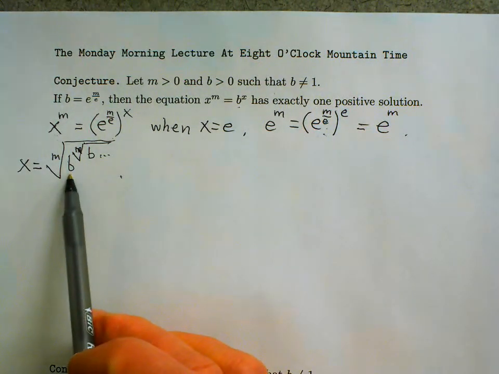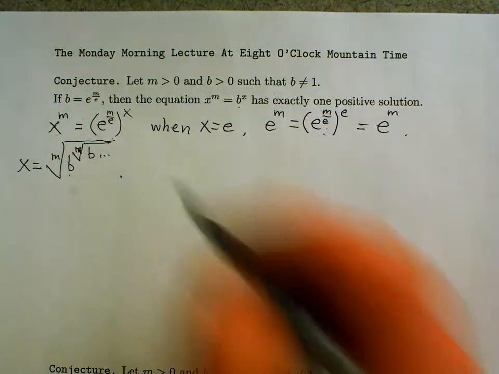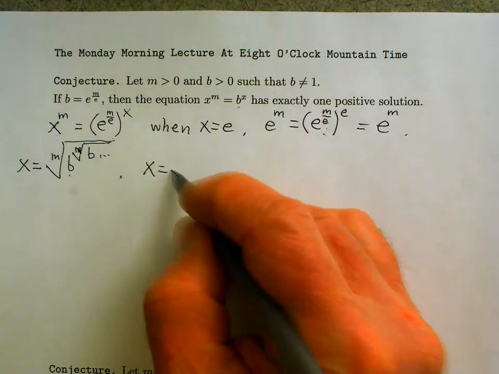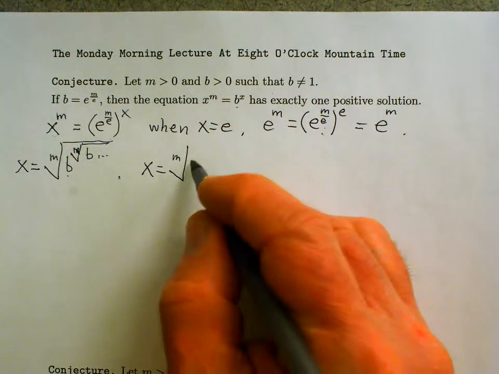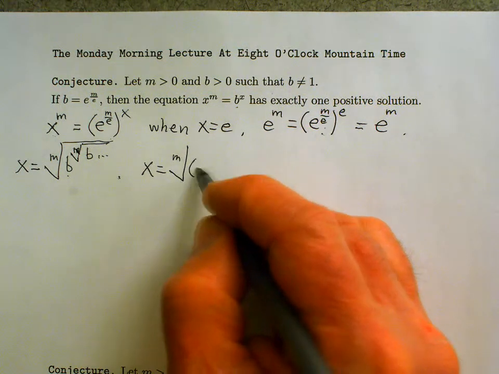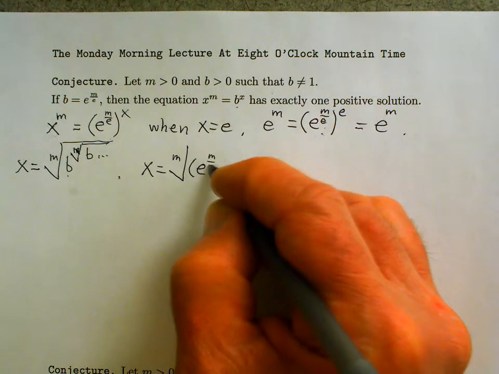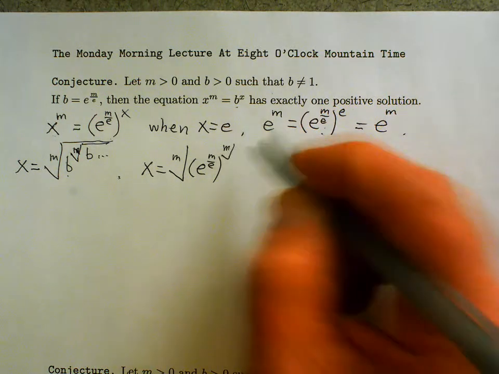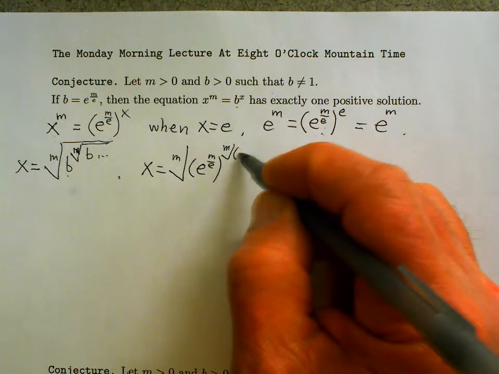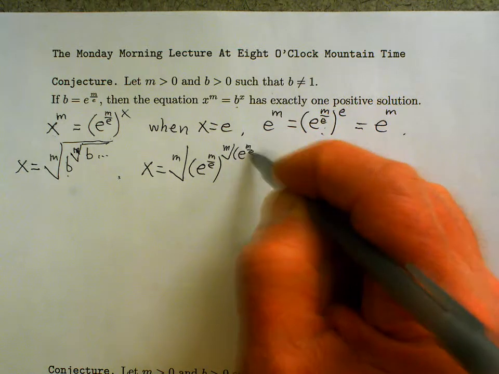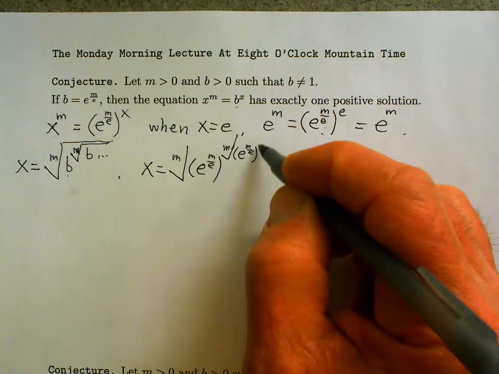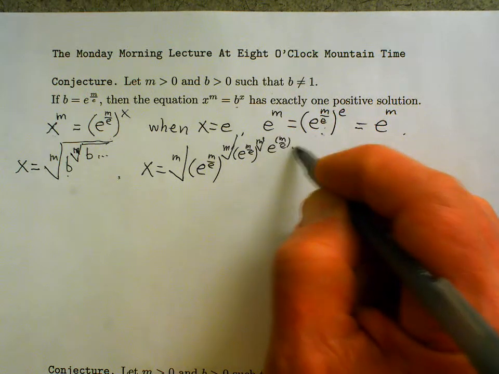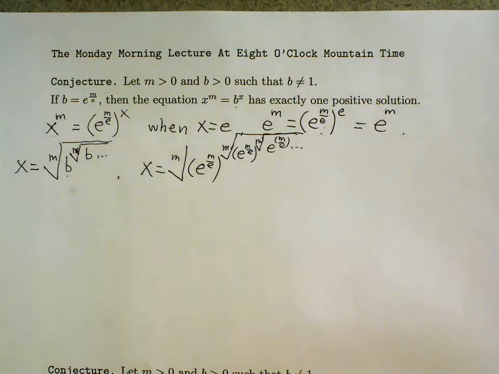But if we replace b with e to the m over e, then we get x is equal to the mth root of e to the m over e, to the mth root of e to the m over e, to the mth root of e to the m over e, and so on. Sort of looks sloppy.